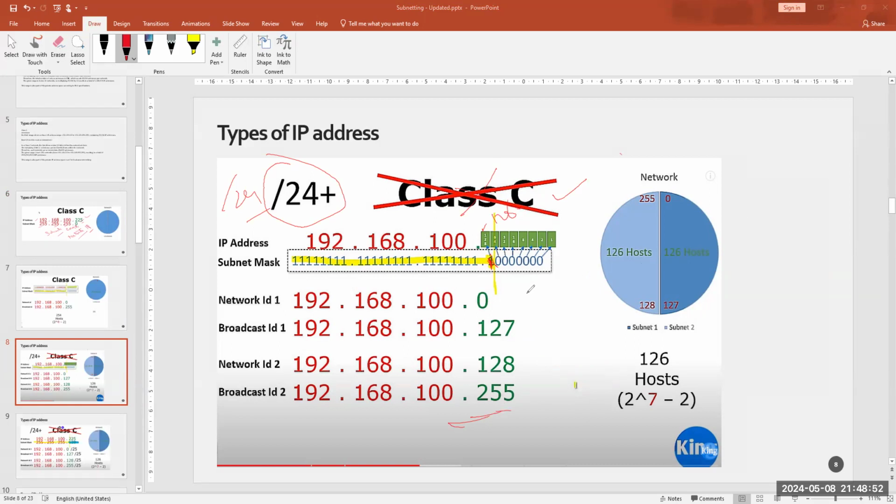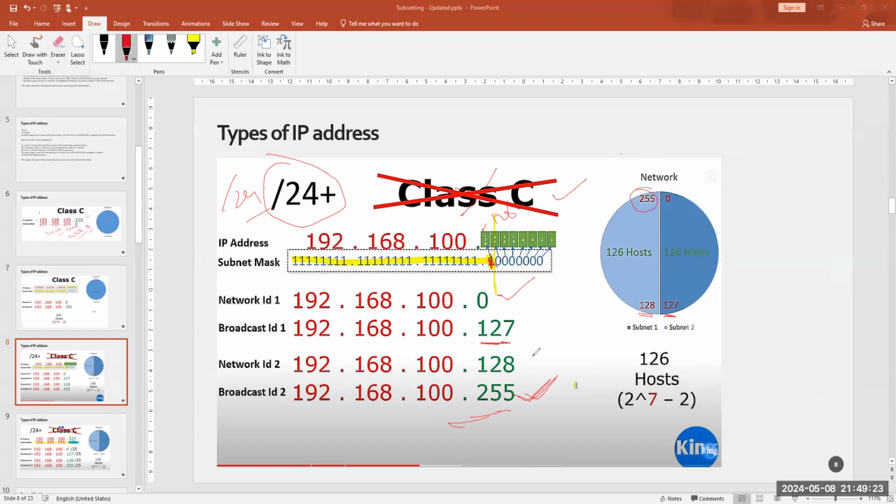So two network IPs can be created, that is 0, and the next one is 128. The broadcast IP will be 128 minus 1, that is 127. And the other one will be 255, as I said.